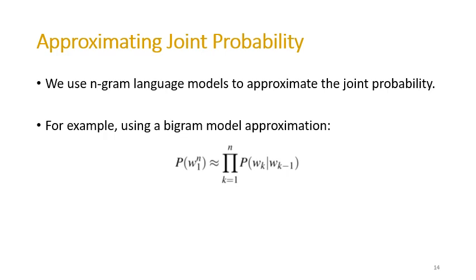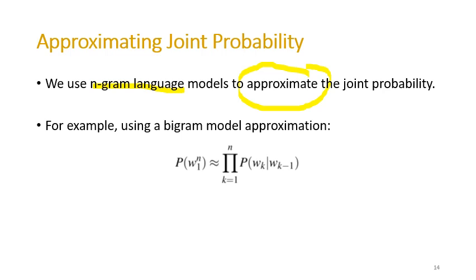What we can do is take an approximation by using n-gram language models to approximate the joint probability. Approximate means that we are not going to get the exact joint probability, but we are going to have a good enough value.